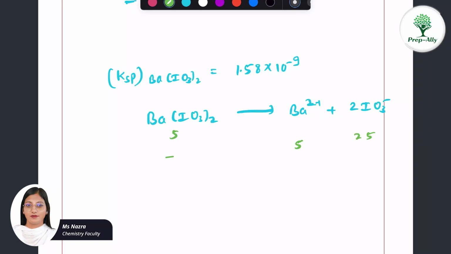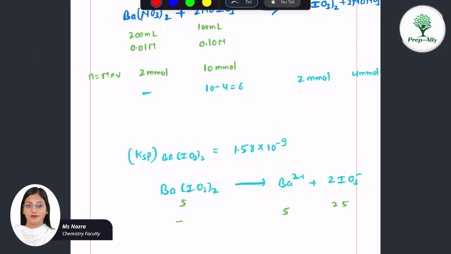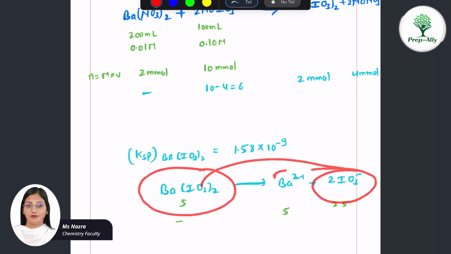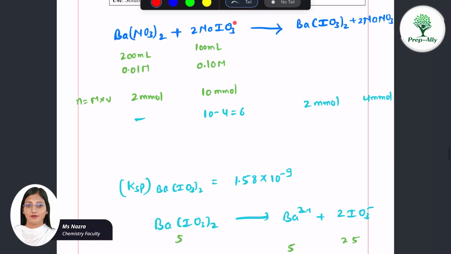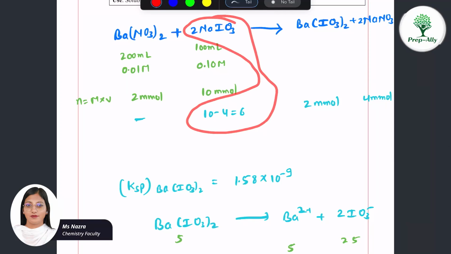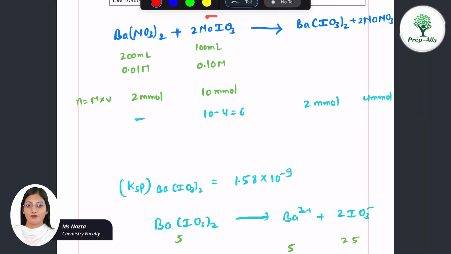Now, you might be wondering, if you look at this reaction, is barium iodide the only source of iodide and barium 2 plus here? No. What are the species remaining in the reaction mixture? Sodium iodide, barium iodide, sodium nitrate, right? It means firstly we will see the source of iodide.